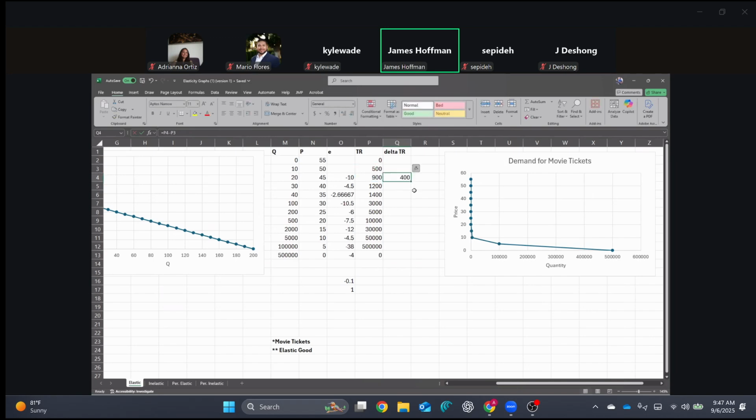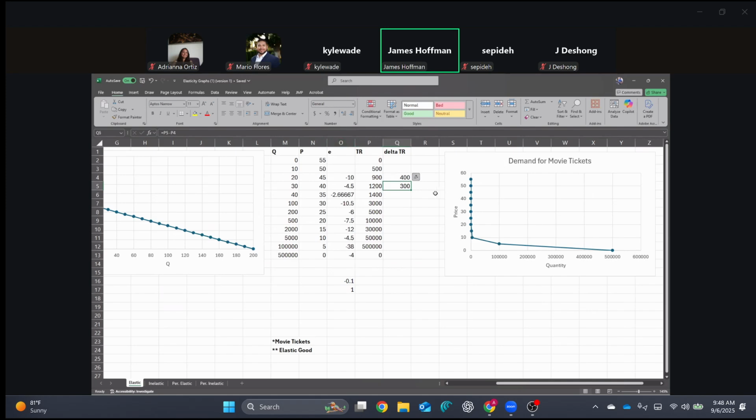So you get an extra 400 by dropping the price. Now, what if I went to a $40 ticket? Okay, a $40 ticket would give me an extra revenue of $300, right? Because originally it was 900 and now it's 1,200.